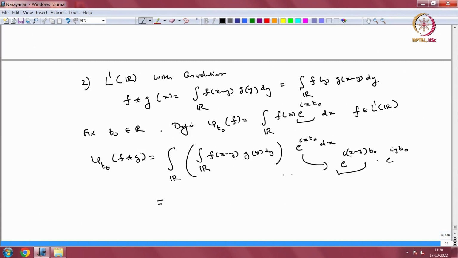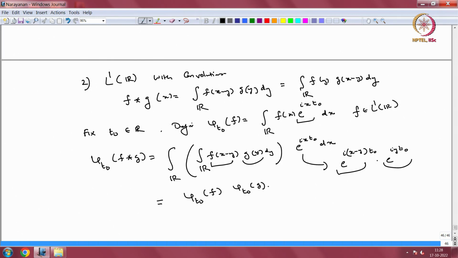So, you can club this with f of x minus y, and I have g of y and this. And remember that the Lebesgue measure is translation invariant, so x minus y becomes just one variable, and this will give me phi t naught of f times phi t naught of g.